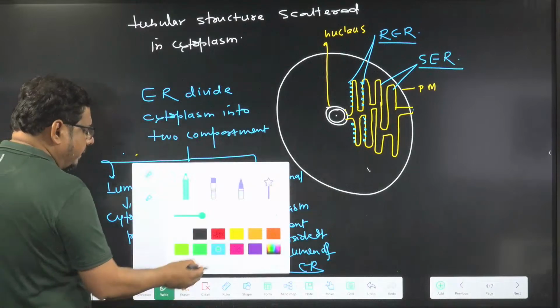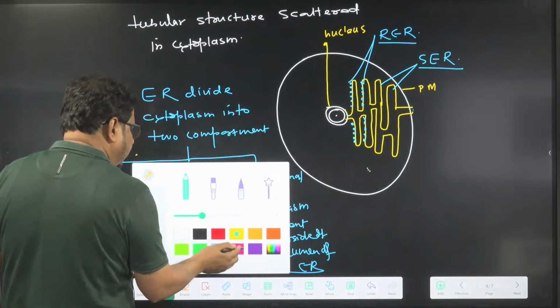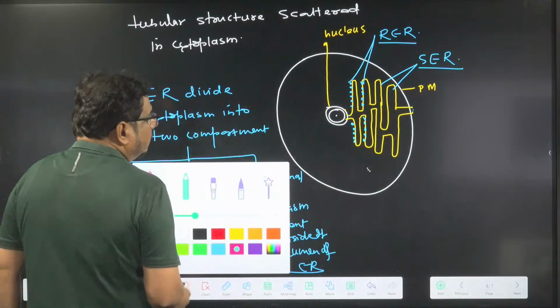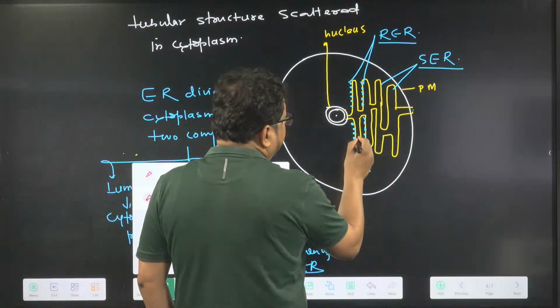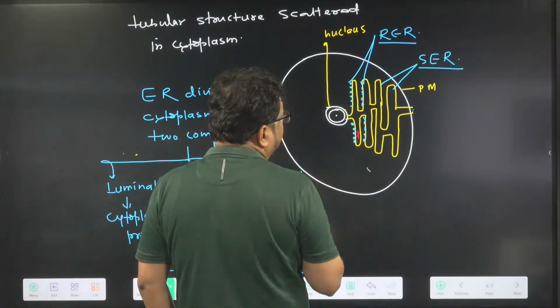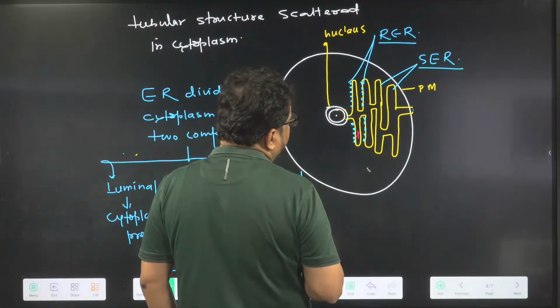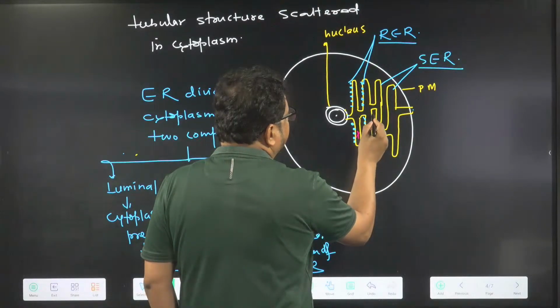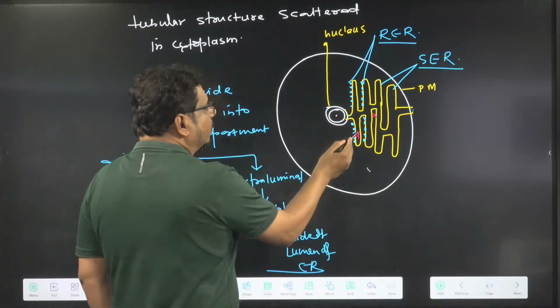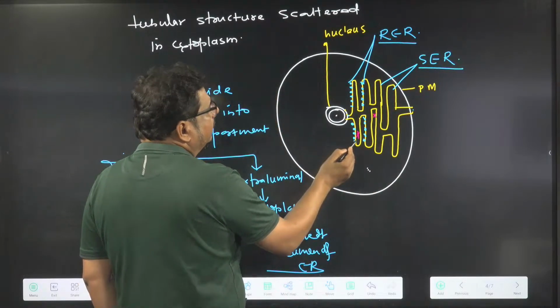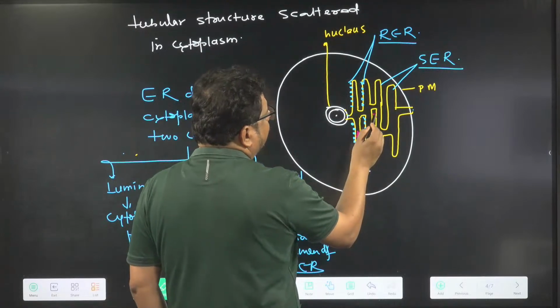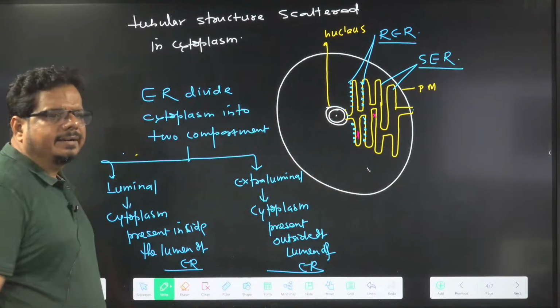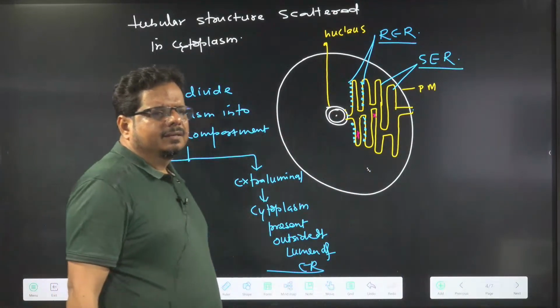I am just making a marking so you will understand it better. I am making a cross here. Is it luminal or extraluminal? And here what is it basically? So this cross is luminal, inside the lumen, and this cross is outside of the lumen. Understanding the idea or not? Is it clear in the mind?